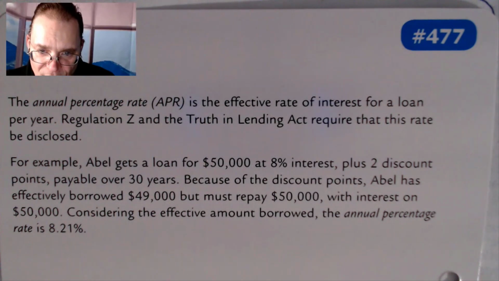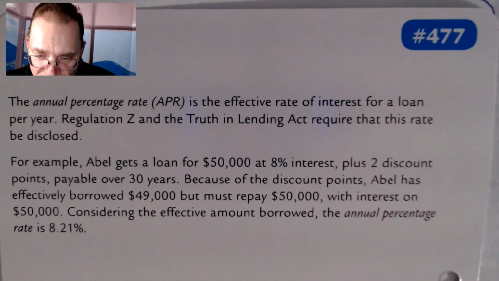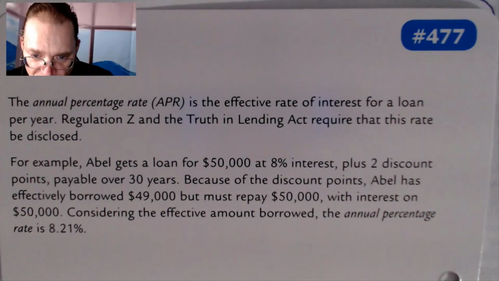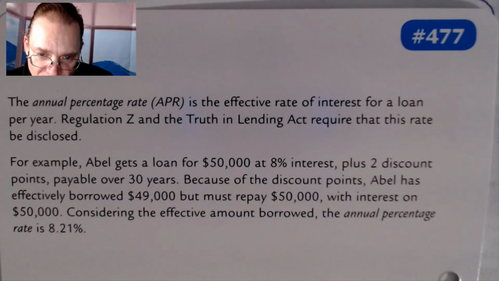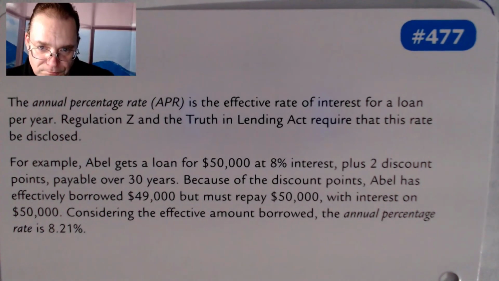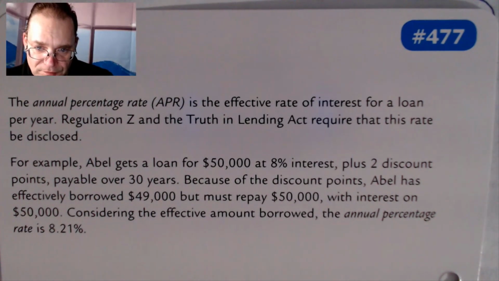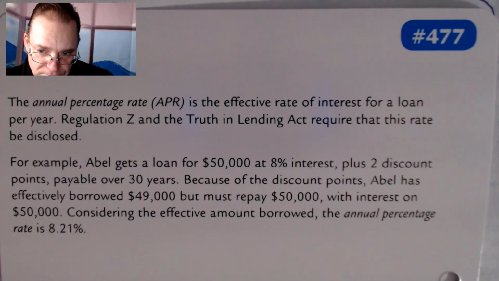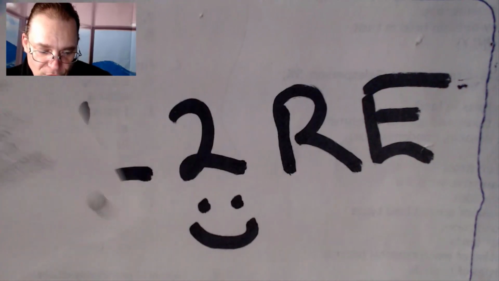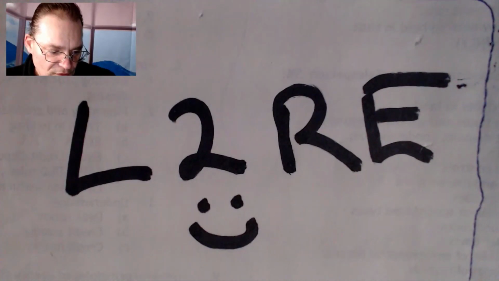Because of the discount points, Abel has effectively borrowed $49,000 but must repay $50,000. With interest on $50,000, considering the effective amount borrowed, the annual percentage rate is 8.21. APR includes the discount points.